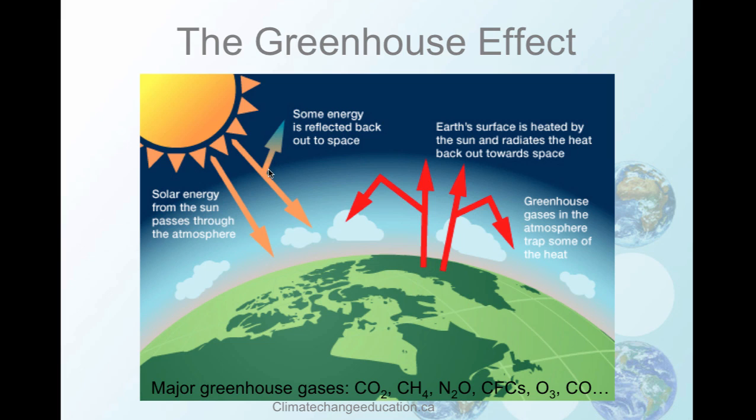The atmosphere reflects some solar energy back into outer space, but much of it gets all the way to the surface of the Earth, where it heats the surface, and then that heat energy is trapped within our atmosphere, which is, again, a very good thing. Otherwise, we would look a lot like Mars.